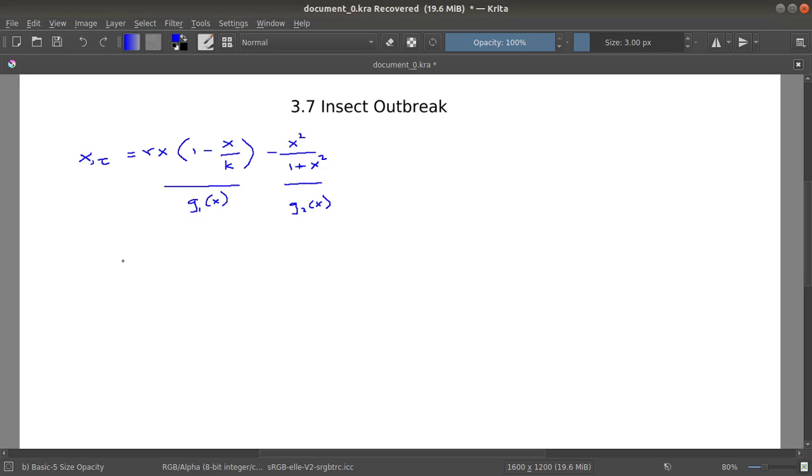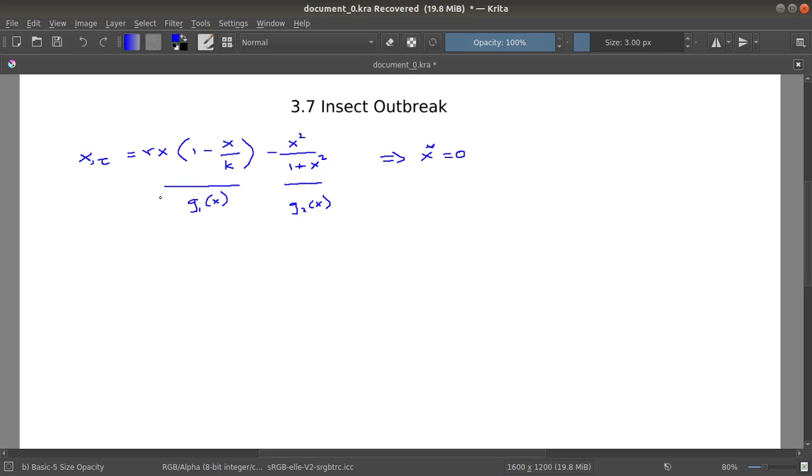I can reduce this equation further. If you see, in this equation as well as in this equation, x is common, right? So from that I could say one of the solutions is 0, okay?